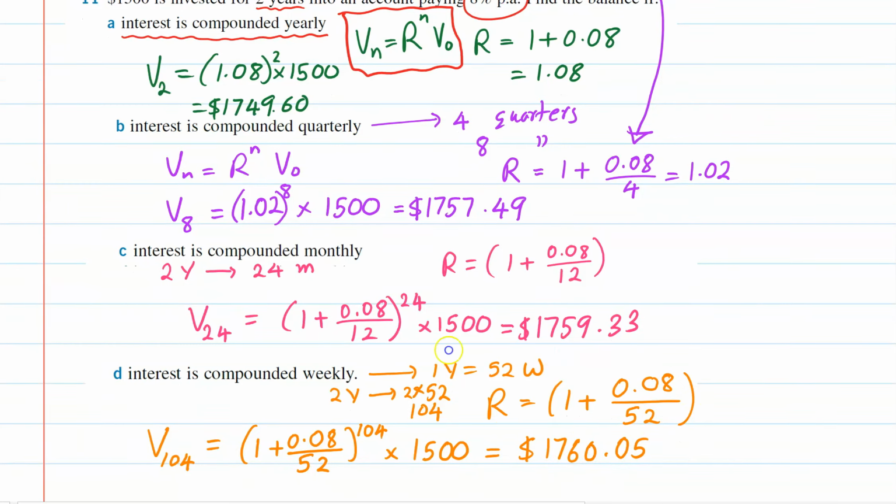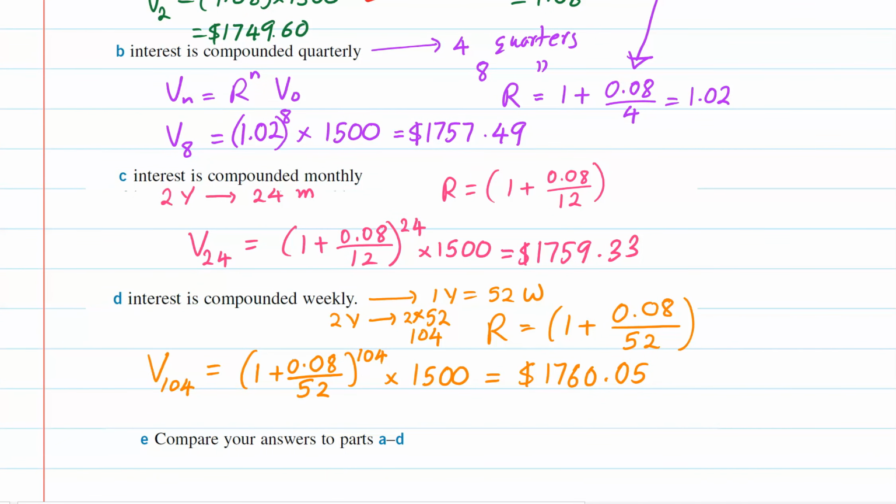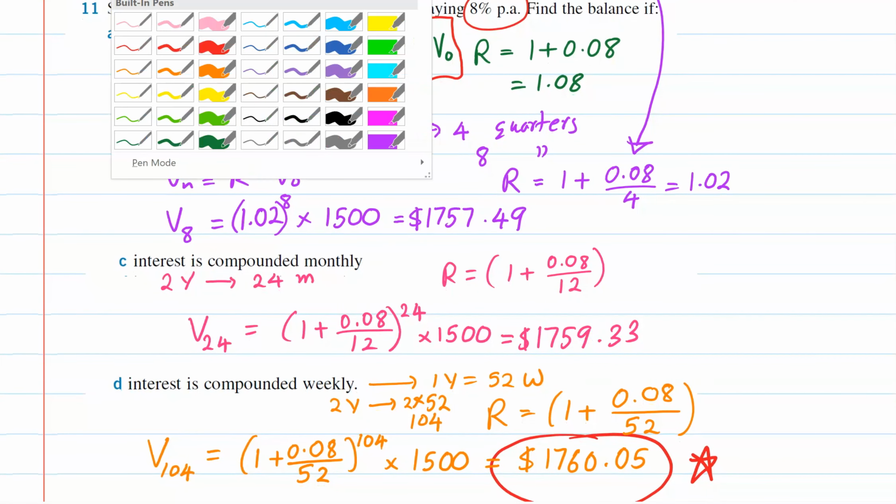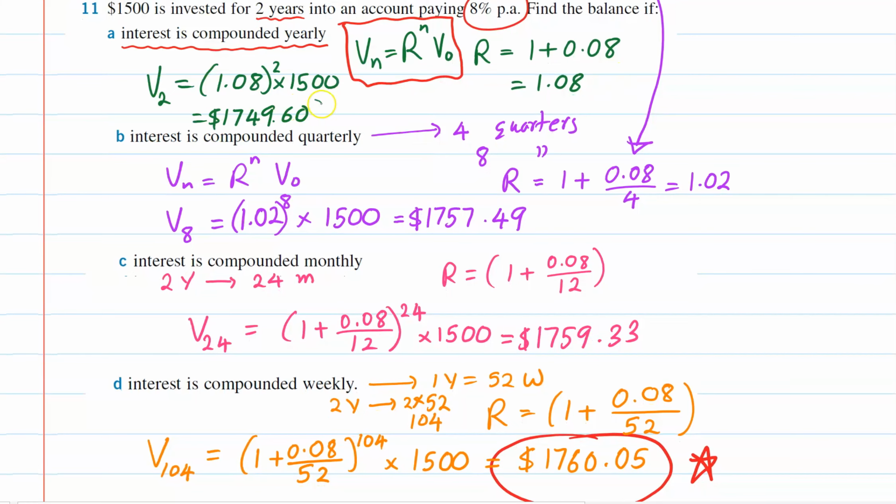Hope that you got the point. So compare your answers A to D. D is the best, and the lowest is the compounded yearly, the first one.